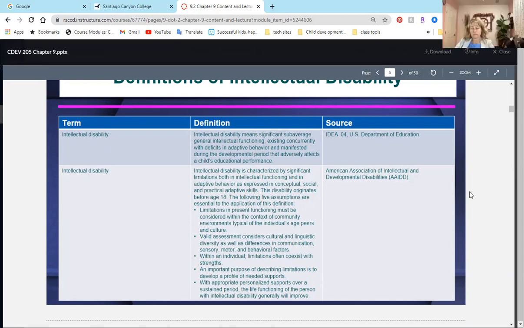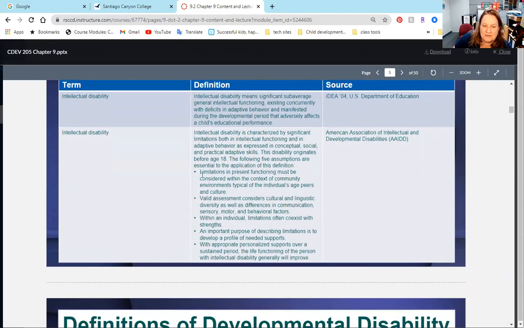So we'll talk more about agencies, but AAIDD breaks down the definition into certain things like limitations in present functioning, cultural and linguistic diversity, and limitations often coexist with strengths. I wish they put that bullet first. An important purpose of describing limitations is to talk about a level of supports.